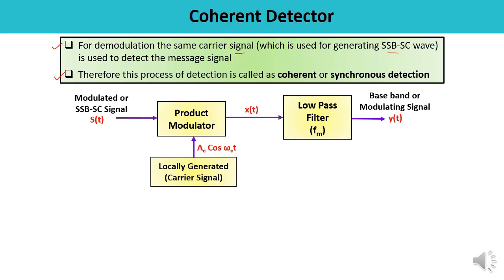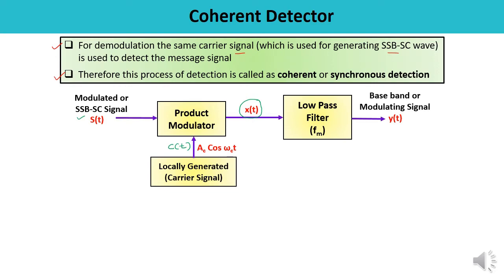There is a requirement to receive the original message signal, meaning demodulation of the SSB-SC signal. So the input is the modulated or SSB-SC signal. It is applied to the product modulator. At the same time, a locally generated carrier signal is applied. The locally generated carrier signal is represented by Ac cos(omega c t), where omega is 2 pi f. The output of the product modulator is x(t). So this x(t) is the product of s(t) and c(t), which is the carrier signal.